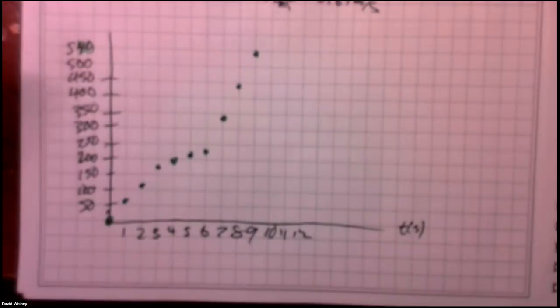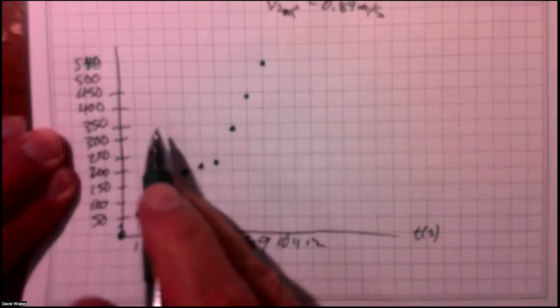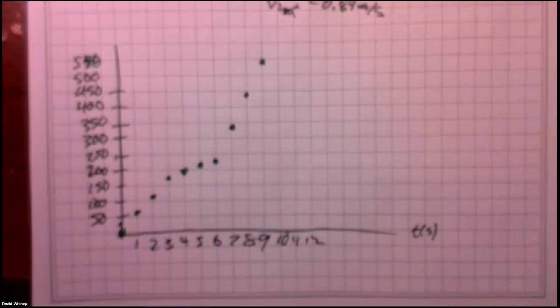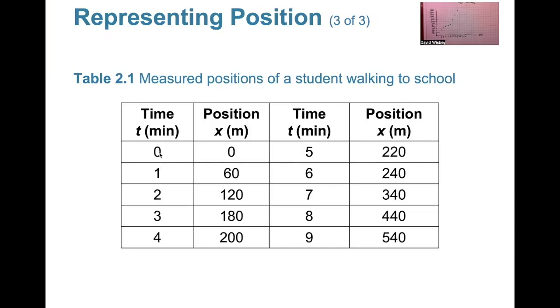Okay, so I recreated this plot here based off of the data in my table. Okay, so let's go back to my table. So I just took this data as a 0, 0. I drew that on my plot. Okay, and then 60, I put the 60 is right here. It's a little above the 50.